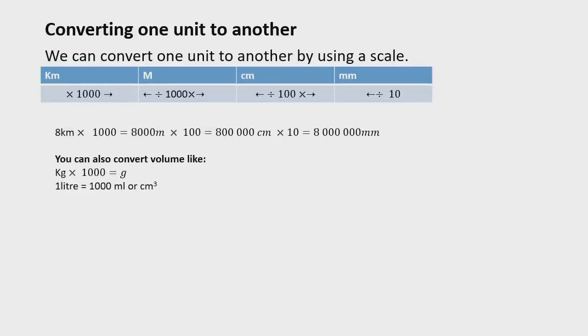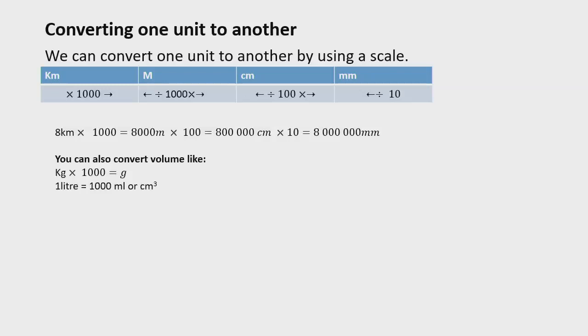So say, for example, they say 8 kilometers multiplied by 1,000. It gives you 8,000 meters, because now you want to move from kilometers to meters, so you need to multiply by 1,000. Now, that 8,000 multiplied by 100, you get centimeters, and then by 10, you get millimeters.